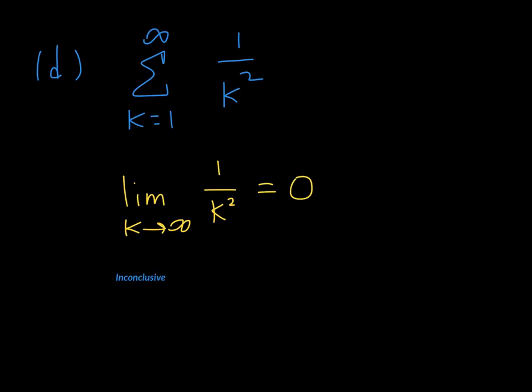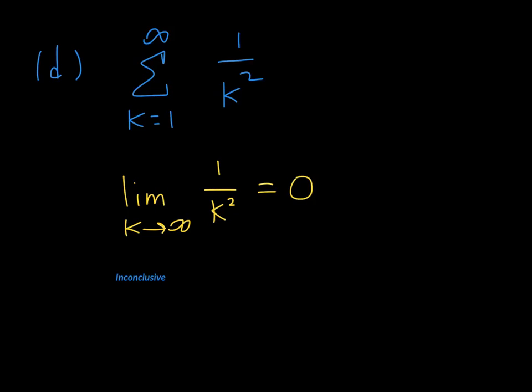We're not sure whether this series converges or whether it diverges. We just say it is inconclusive by the divergence test. Now, later on, we will actually say that this series converges, but this example here is all about us using the divergence test. That's what we're practicing right now, okay?